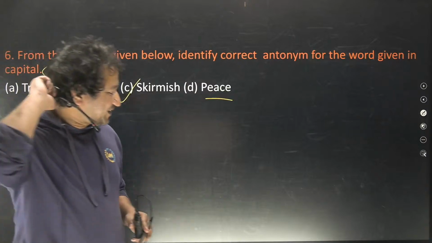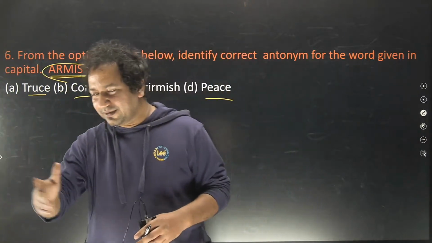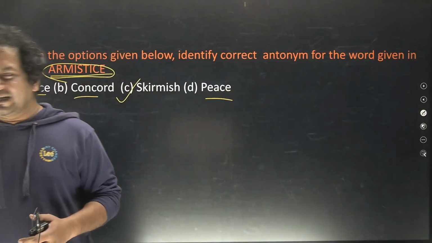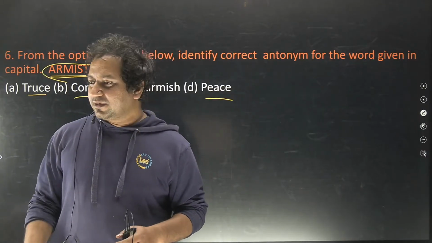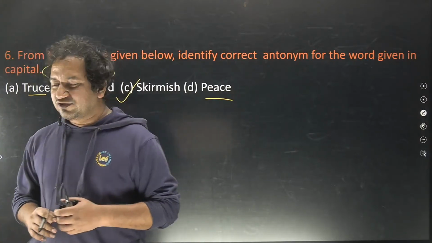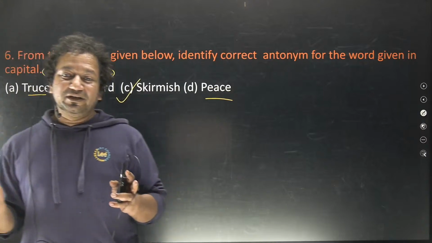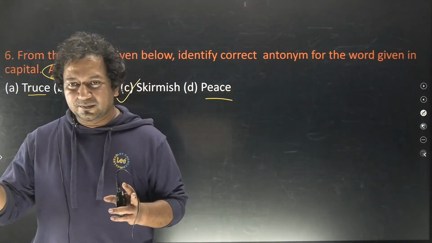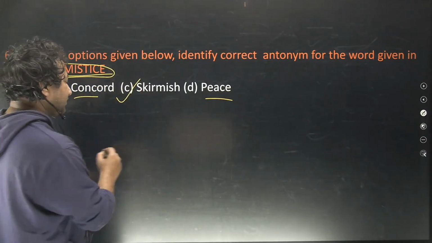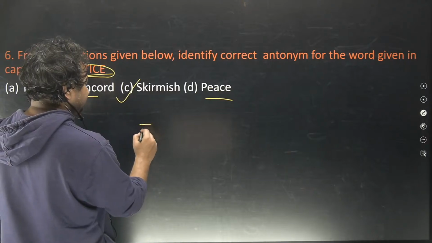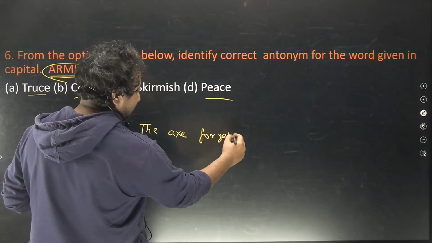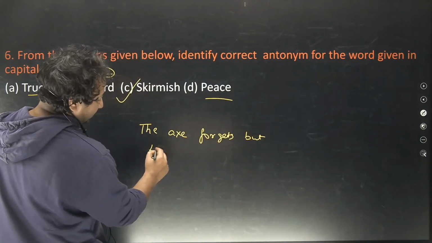Okay, I can recall a funny incident which I think must have happened with a lot of people, specifically when we were kids. So you must have read some quotes, isn't it? Any kind of quote by Mahatma Gandhi, Benjamin Franklin, Einstein, all the great thinkers, Swami Vivekananda. And when the writer was not known, they called it anonymous, the quote by Anonymous. For example, a very famous quote which I kind of recall: the axe forgets, but the tree remembers.